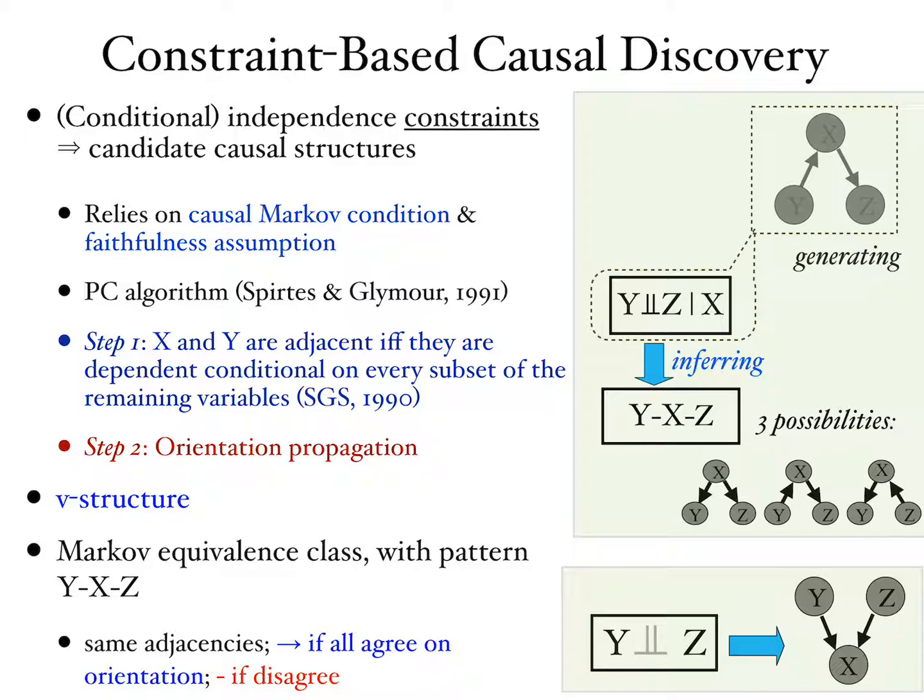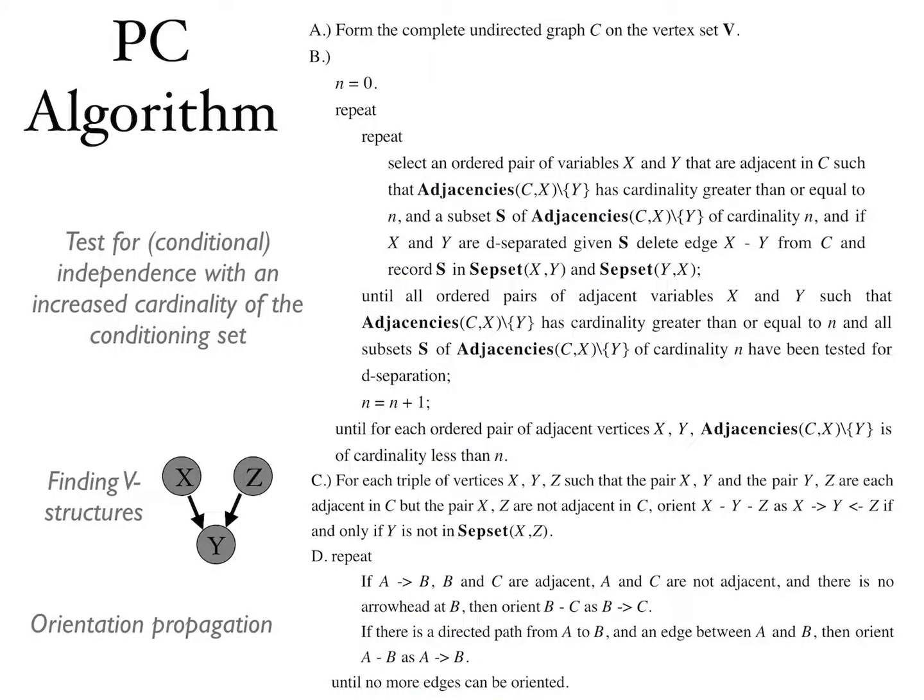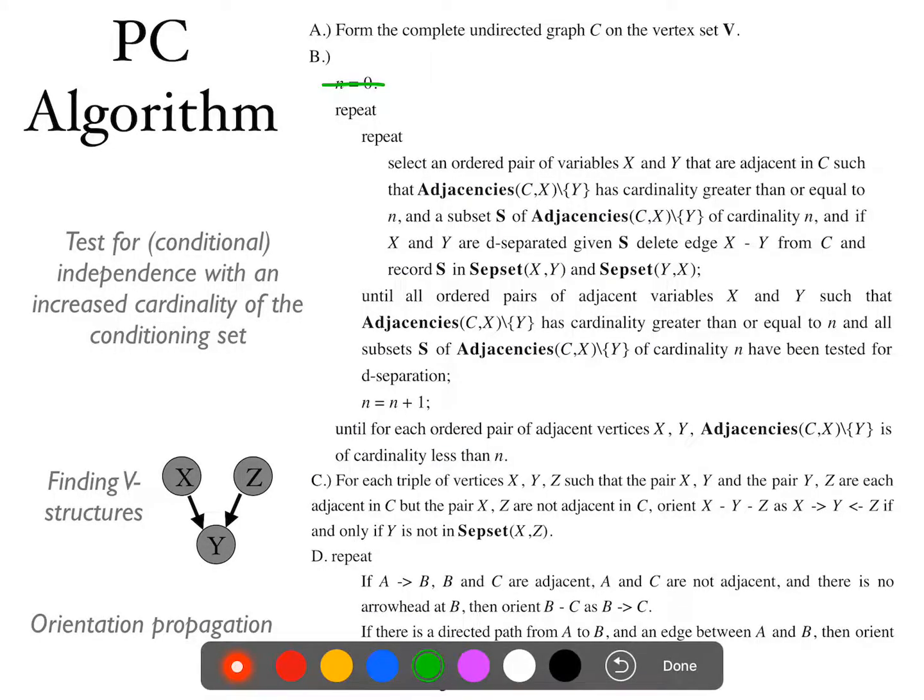Okay. If you have a look at the PC algorithm, you can see we start from the unconditional independence test, and then you increase the cardinality of the conditioning set. Why?